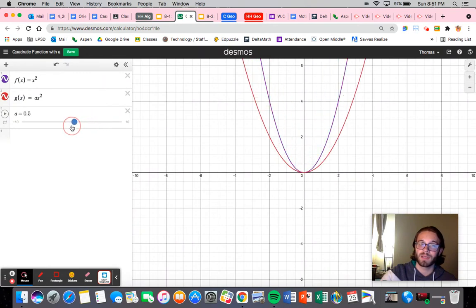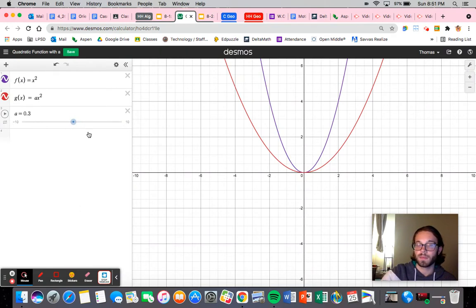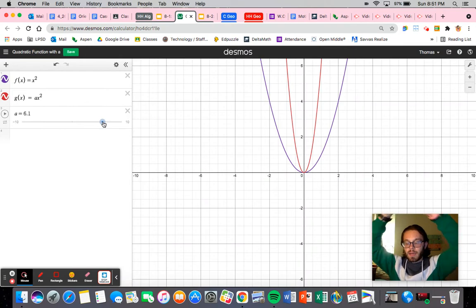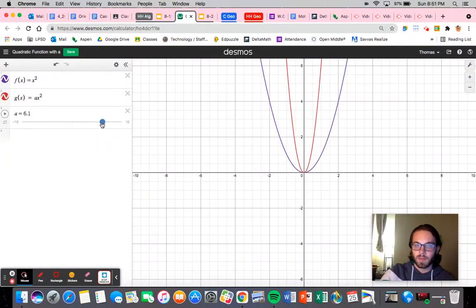It's going to flatten out, all right? So here we have when a is less than 1, we're going to have vertical compression. And when a is bigger than 1, we're going to have a vertical stretch, right? Because we're stretching it up towards the y-axis. We're compressing it down away from the y-axis when it's smaller.